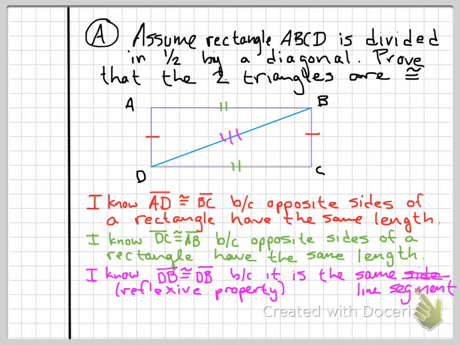I'm going to try and redraw these two triangles so that they're sitting next to each other and that I can see their corresponding parts in the same position. So I'll start here, and first I'll make my two triangles. It looks something like that and something like that.